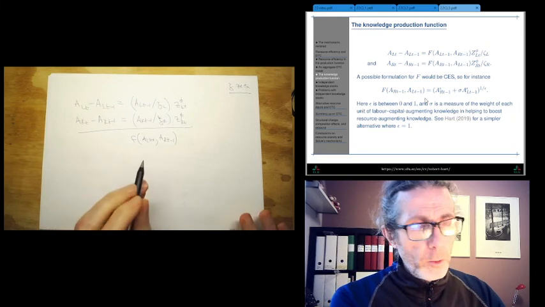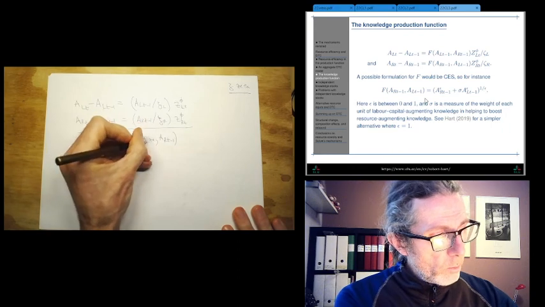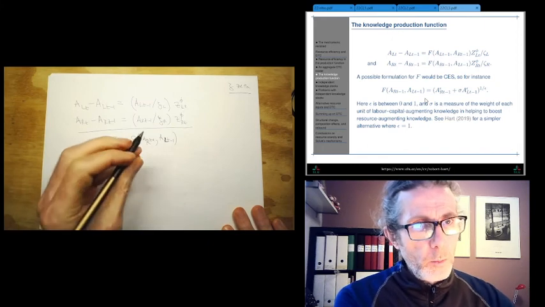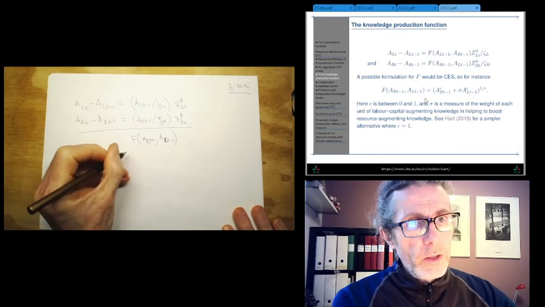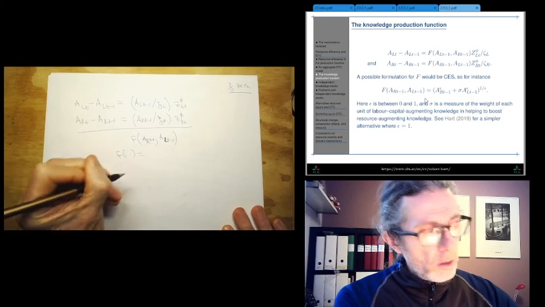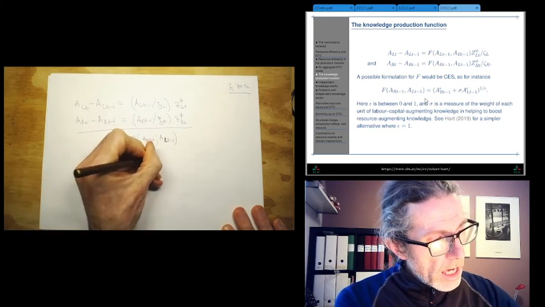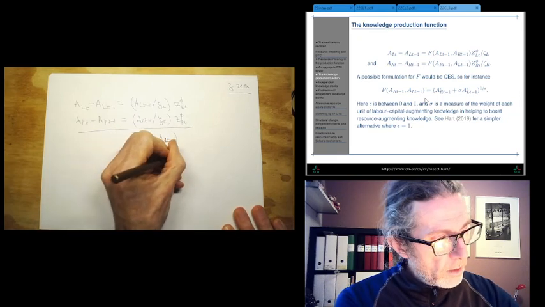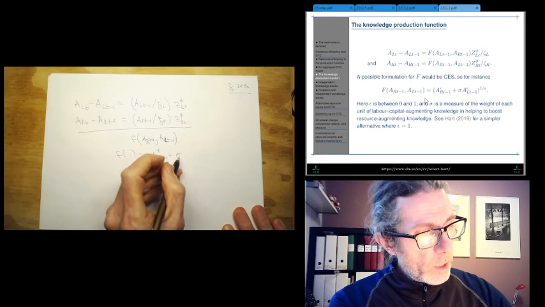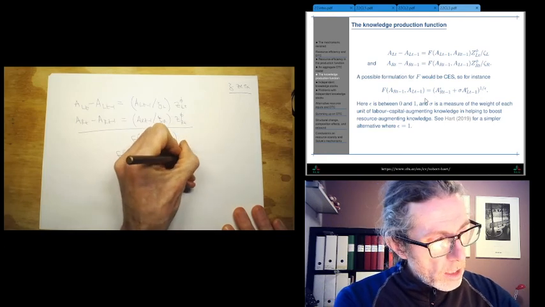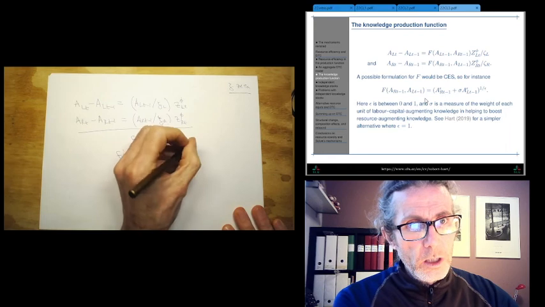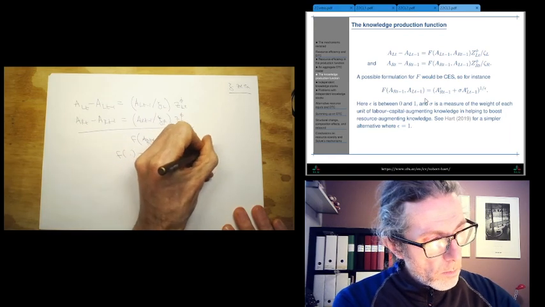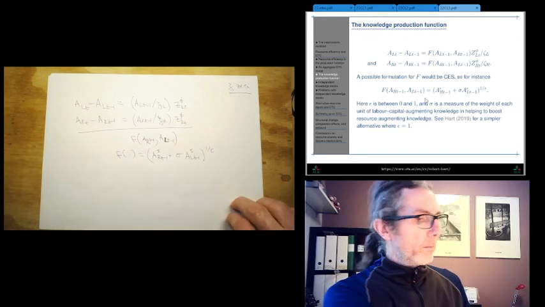And a possible formulation, if we take the second one, A_R, A_L, a possible formulation would be a CES, so that function f would be A_R,t minus 1 to the power of epsilon plus sigma, and now we have this weighting factor, sigma, A_L,t minus 1 to the epsilon, all to the 1 over epsilon.